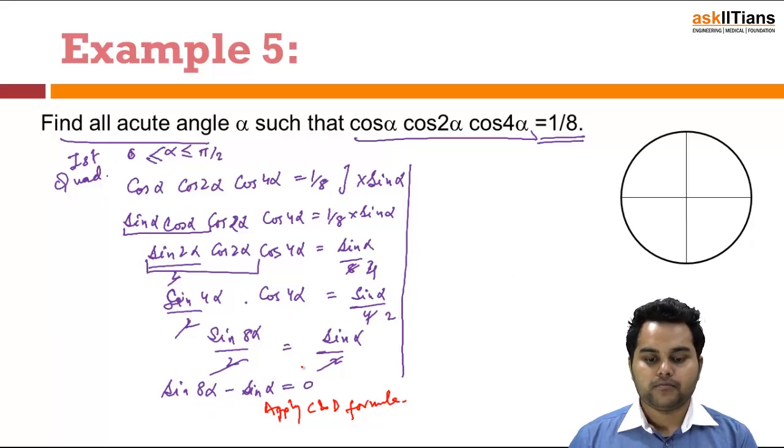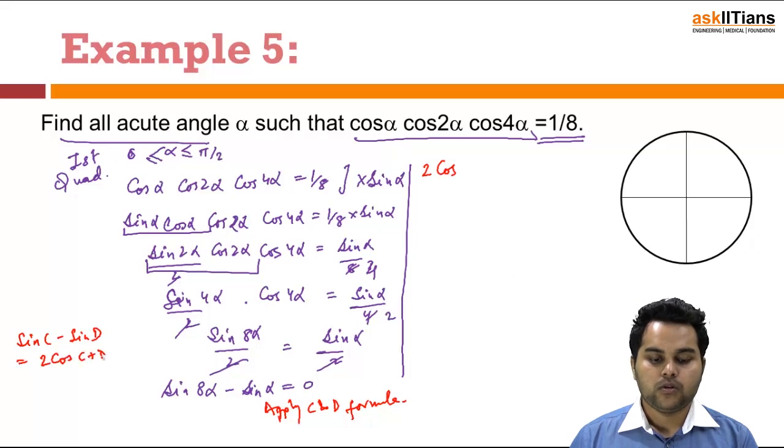Here it is of the form sin C minus sin D, which can be written as 2 cos (C plus D) by 2 sin (C minus D) by 2.